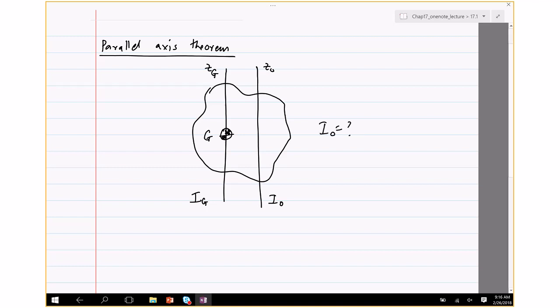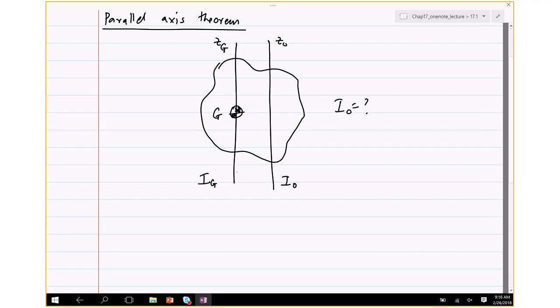And you want to do that because the rigid body does not rotate about ZG, it rotates about ZO. So in this case, you can find a relation between IO, IG, mass, and this distance D. An important thing here is ZG and ZO are parallel.